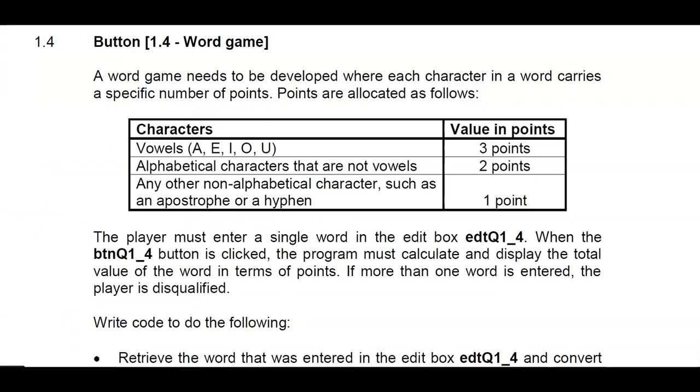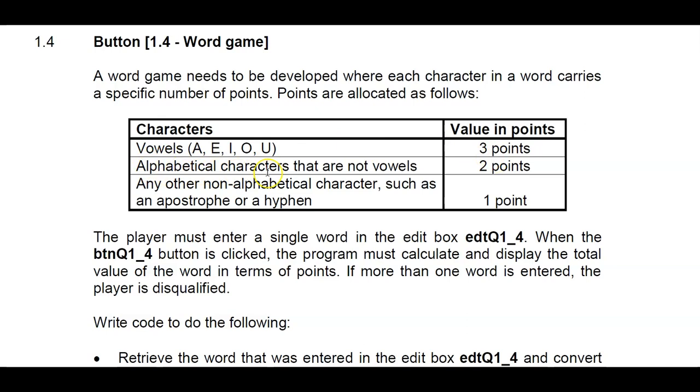In this last button of the question paper for question 1, we are going to code a word game, and every character deserves a certain number of points, and you have to calculate the points at the end of what a word is worth. Now, the first one here is the vowels are going to get 3 points.